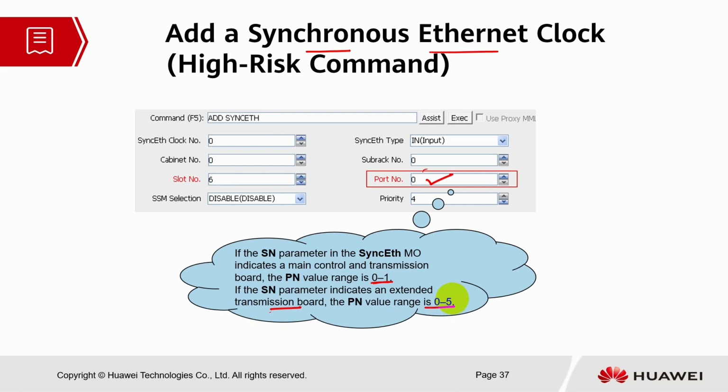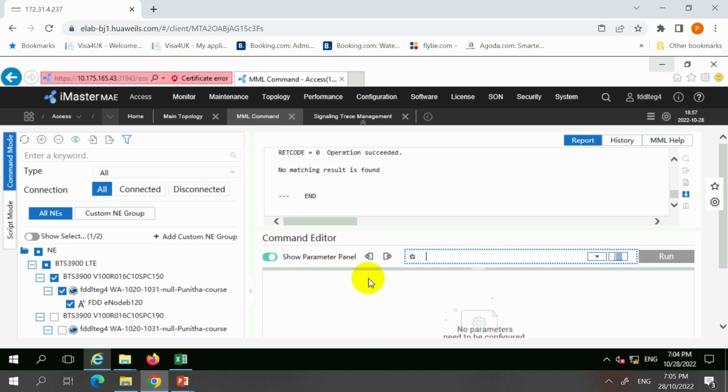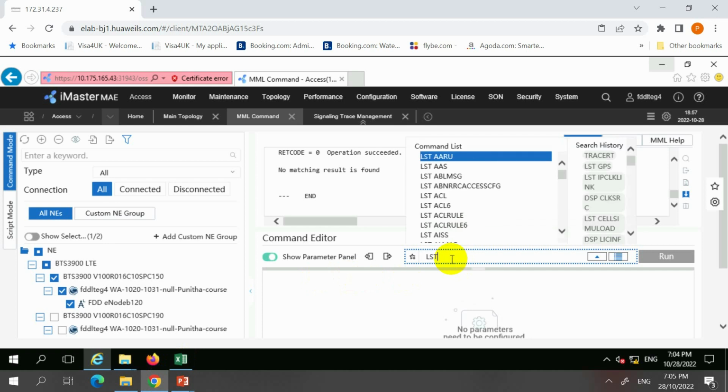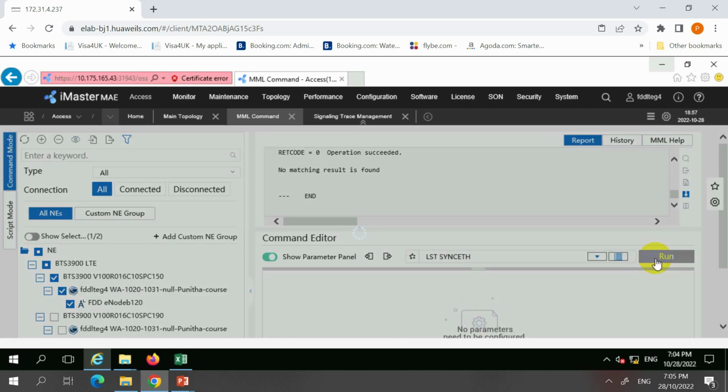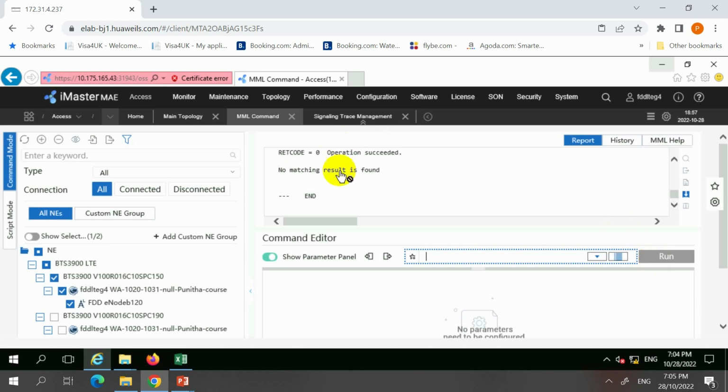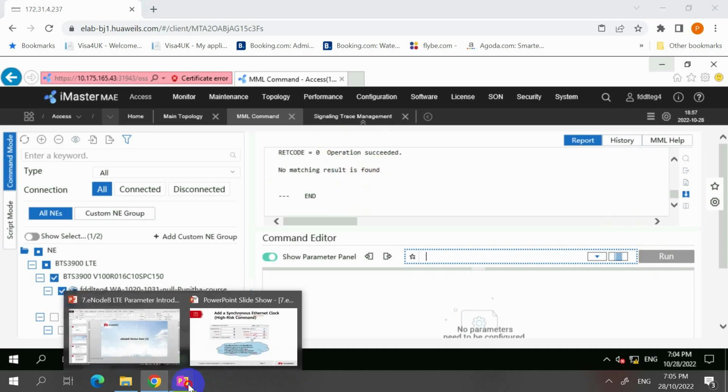Let's look into our lab whether we have any synchronous Ethernet clock or not. There is no external clock system related to synchronous Ethernet clock.